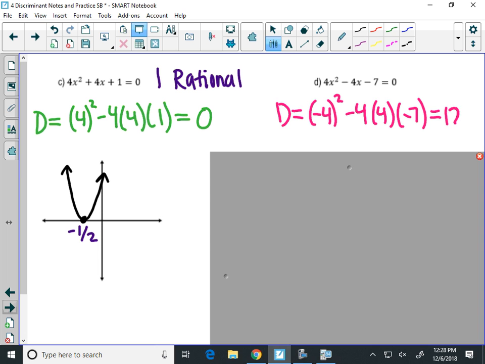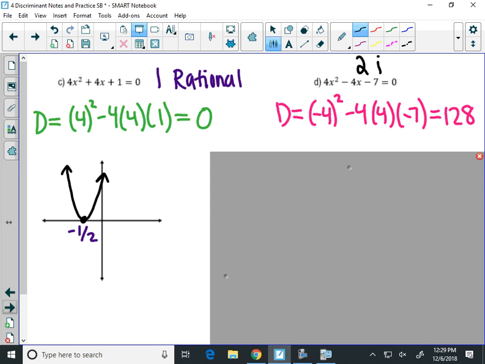Make sure you get 128 though. No? Try it again, because that's right. You should not get a negative. Make sure you put your -4 that you're squaring in parentheses. Now, if I have 128, is 128 a perfect square? No. So it's just a positive number. How many roots and what kind are you going to have?